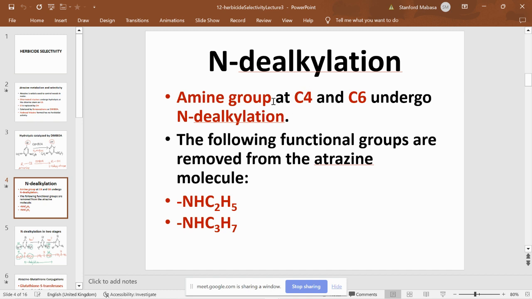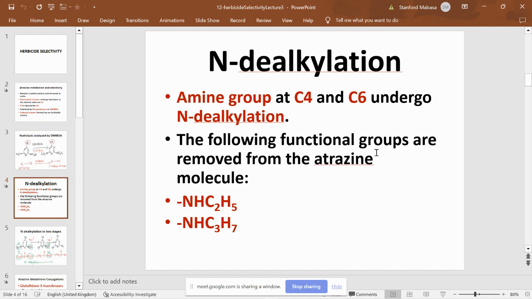At two positions, that is carbon number 4 and 6 on the atrazine molecule, the process of N-dealkylation will take place. And of course, this is facilitated by cytochrome P450.